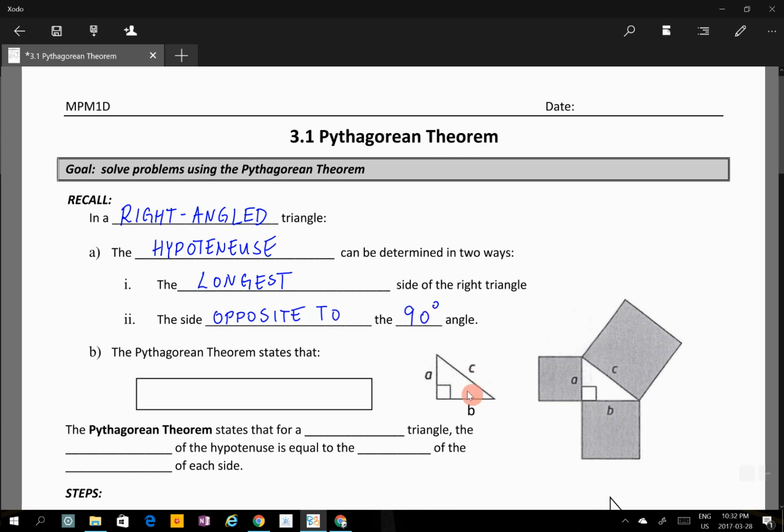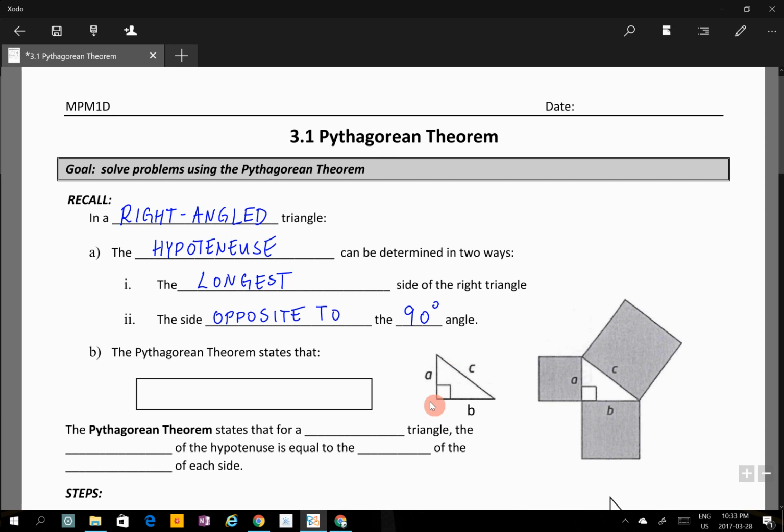If you see this 90-degree angle here, we're looking at the opposite side. So this side here is always going to be the hypotenuse because it is opposite of the 90-degree angle. These other two sides are not opposite, right? They are touching. They're right beside this angle. So it has to be the opposite side.